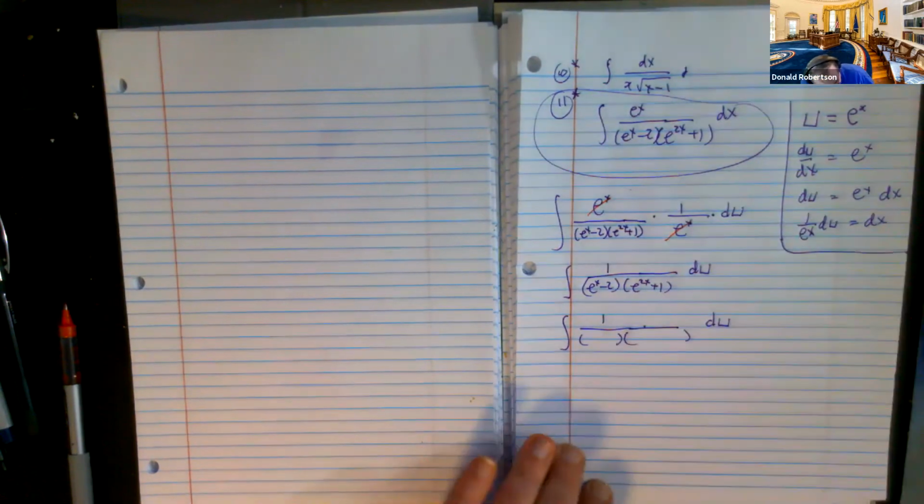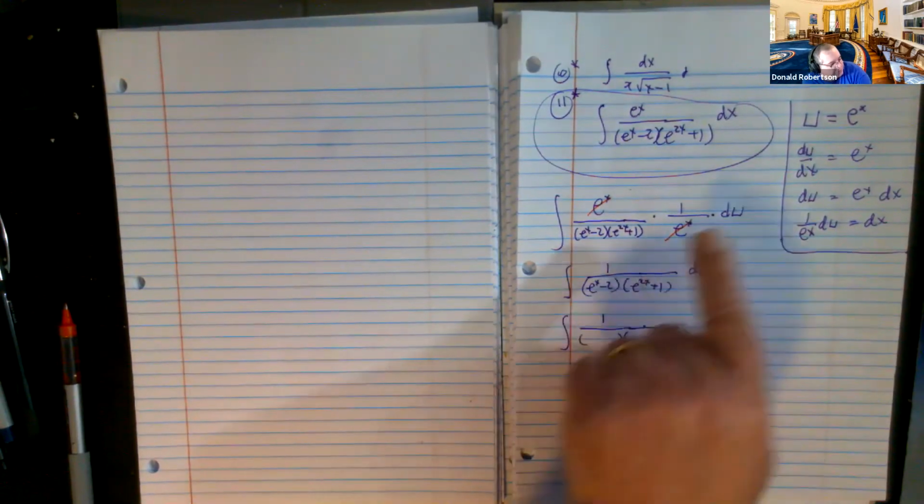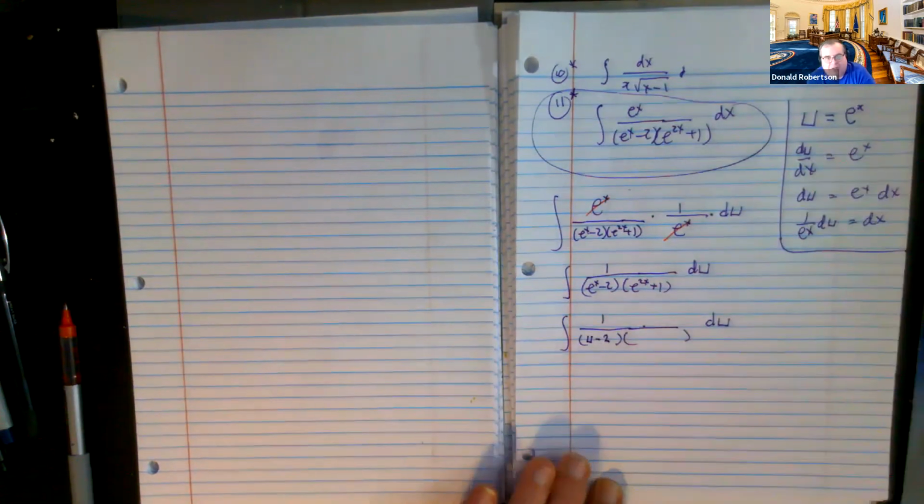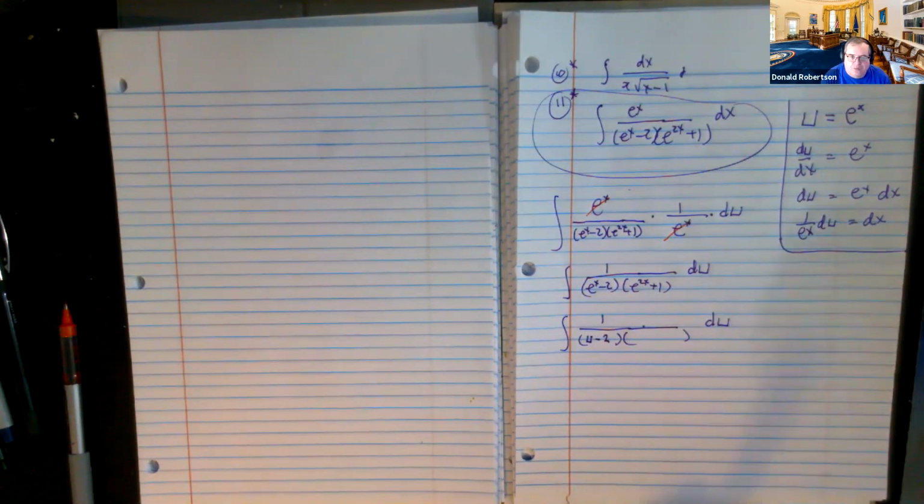Don't I need to turn these terms into u's? Now, e to the x take away 2 is a pretty easy one, isn't it? It's just u take away 2. Now, the sneakier or harder one is how am I going to write e to the 2x using u?